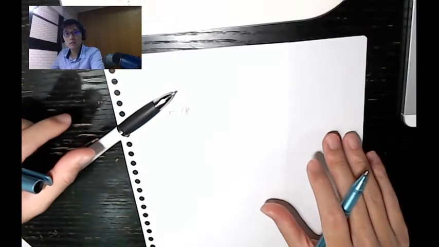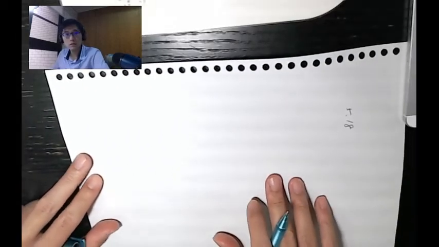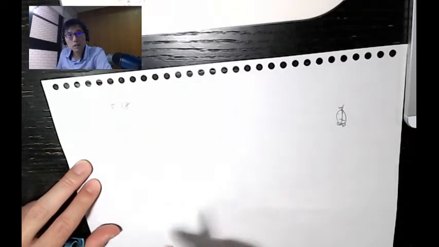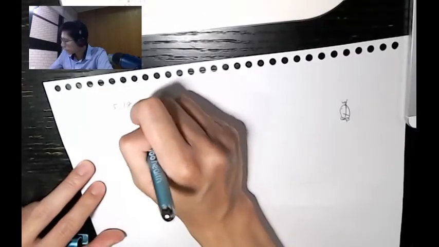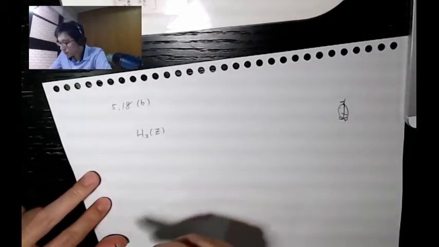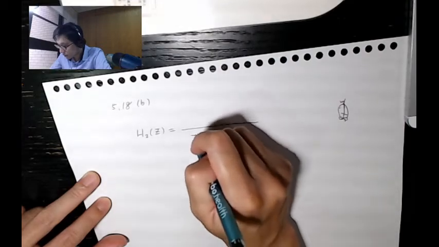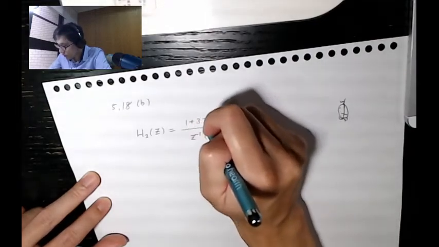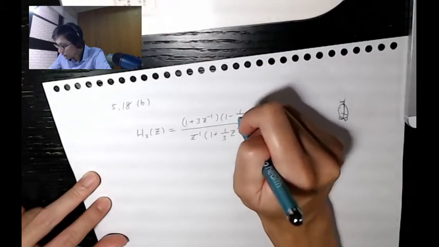Shoot. It's not very clear, too strong. Okay, 5 has to be placed horizontally. Okay, so that's 5.18B. Here we have a transfer function, a system function of z inverse, 1 plus 1/3 z inverse, 1 plus 3z inverse and 1 minus 1/2 z inverse.